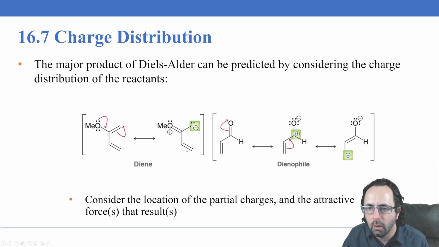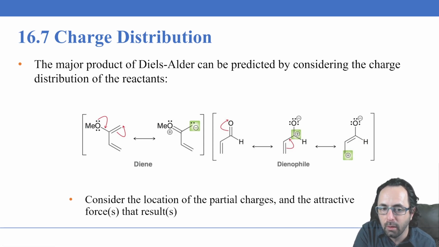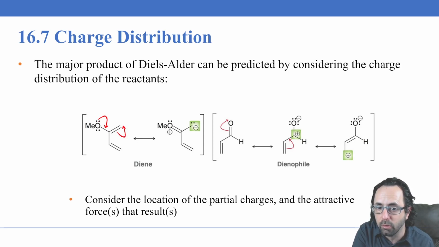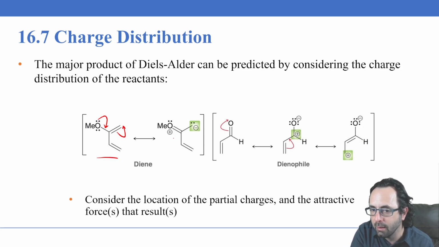And so this gives some regioselectivity to this result. The way to predict this is to consider the charge distribution of the reactants here. So we can see here that we have a lone pair here that is allylic, and so there is some resonance to this. So we can have this allylic lone pair, and that's a two-arrow resonance situation. This goes like this, and of course this is a more favorable way of writing the resonance relative to this one.